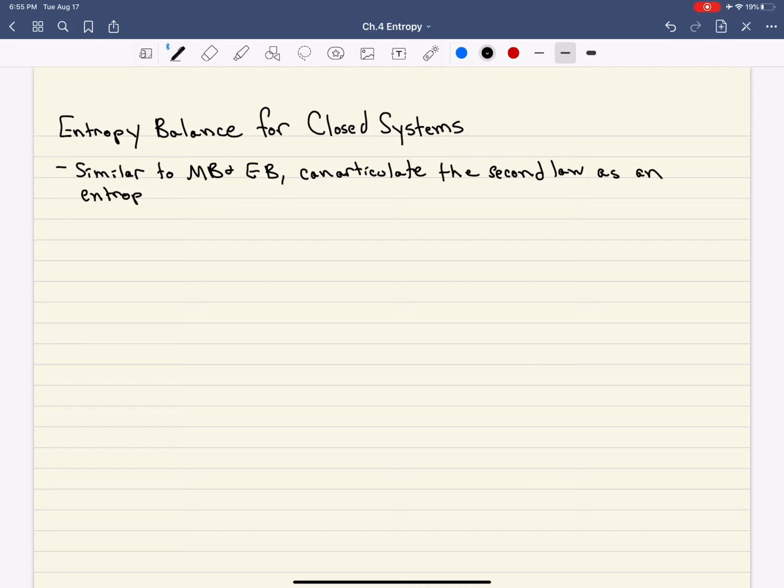When I talk about entropy balances, I'm going to use the abbreviation SB. We're first going to talk about entropy balances for closed systems. Once again, a closed system is a system in which you have no mass crossing the system boundaries.